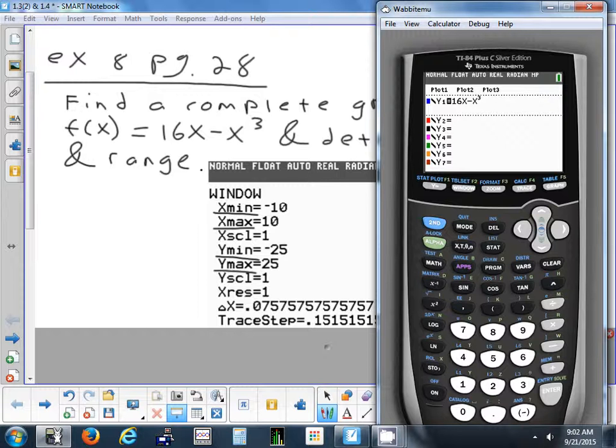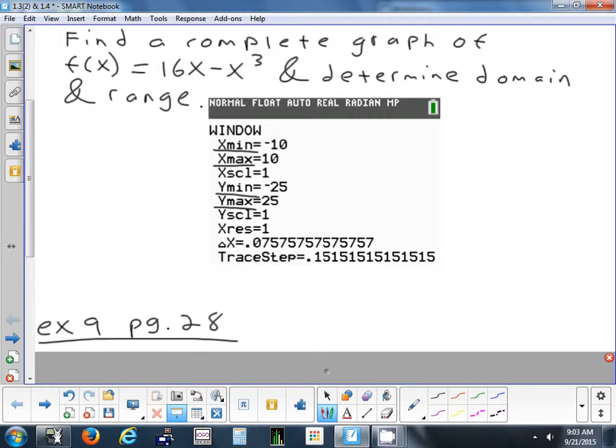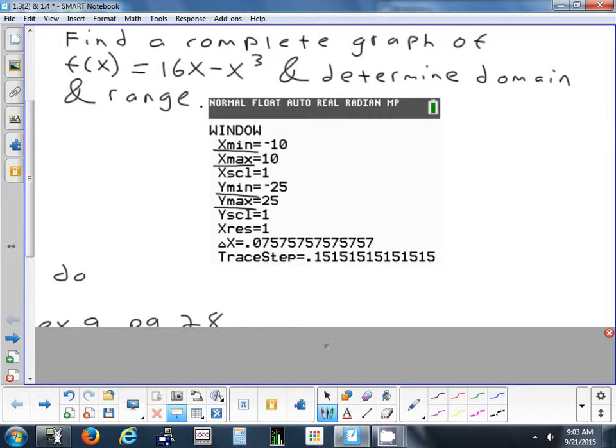If you're not doing one of those two things, usually you can plug in all real numbers. Ask yourself, is there any number you're not allowed to raise to the third power? No. Is there any number you can't multiply by 16? No. So you can plug in anything you want here. So that's our domain. Just write down all reals.